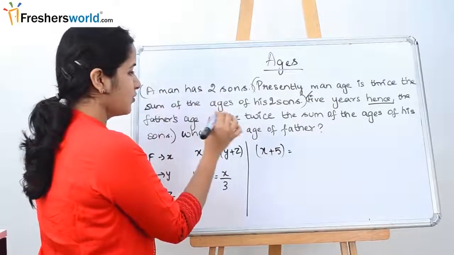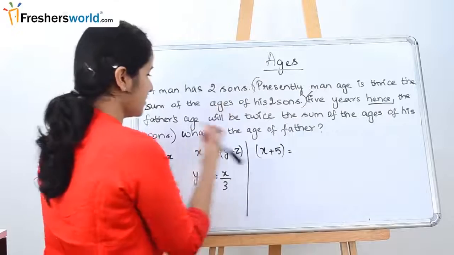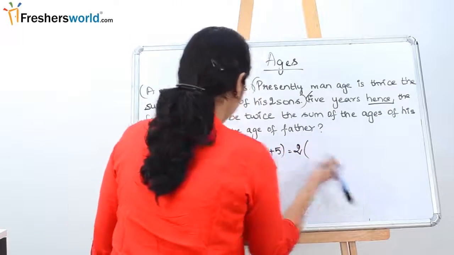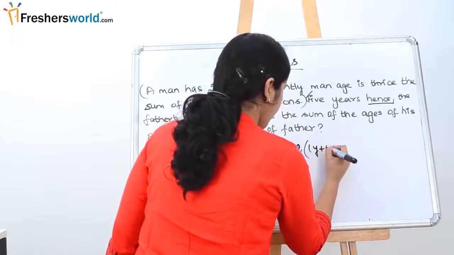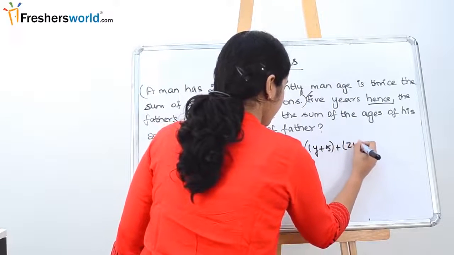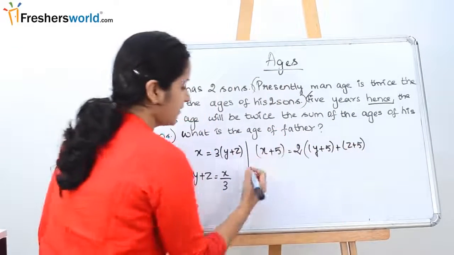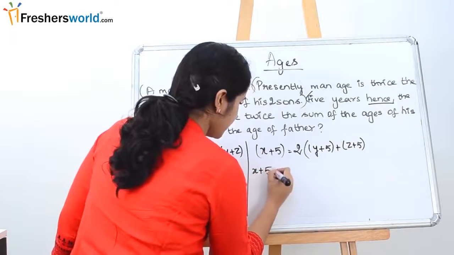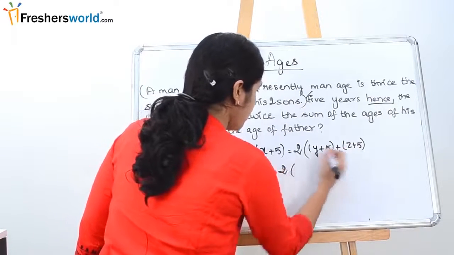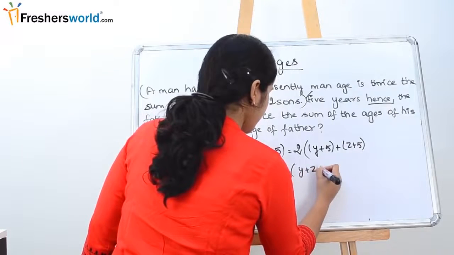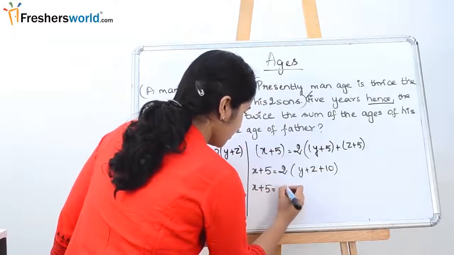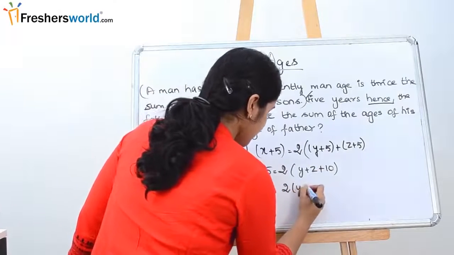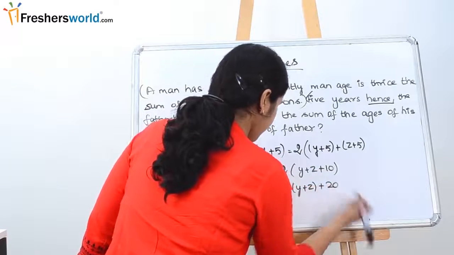The father's age will be twice the sum of the ages of his sons, which are Y and Z. So, Y plus 5 plus Z plus 5. Let's simplify it. So, X plus 5 is equal to 2 into (Y plus Z plus 10). This can be rewritten as X plus 5 is equal to 2(Y plus Z) plus 20.